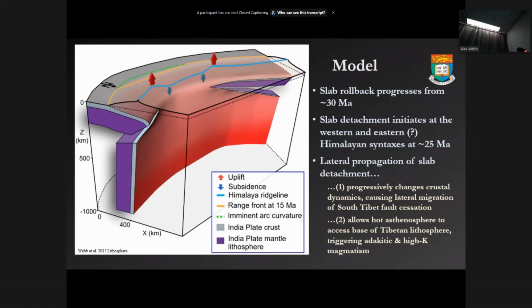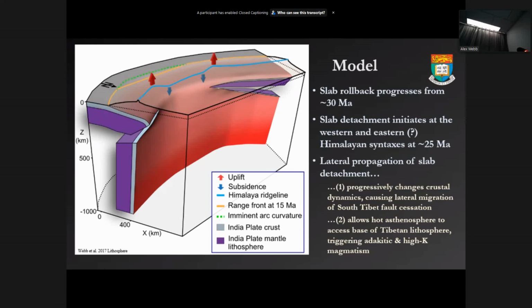And you can see through Asia. You can see through to the downgoing Indian plate. And the last thing to imagine is that it is about 15, 16 million years ago. So it's not the present day. It's about 16 million years ago.